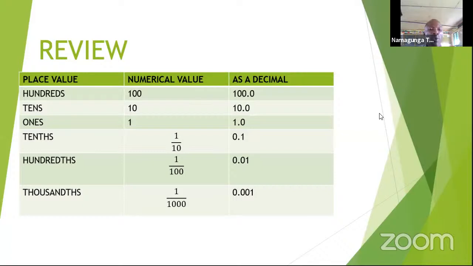Now, we begin with the first one, which is hundreds. Hundreds in figures or as a numerical value is represented by 100, the way you are seeing it. And as a decimal, you can see that it is 100.0.